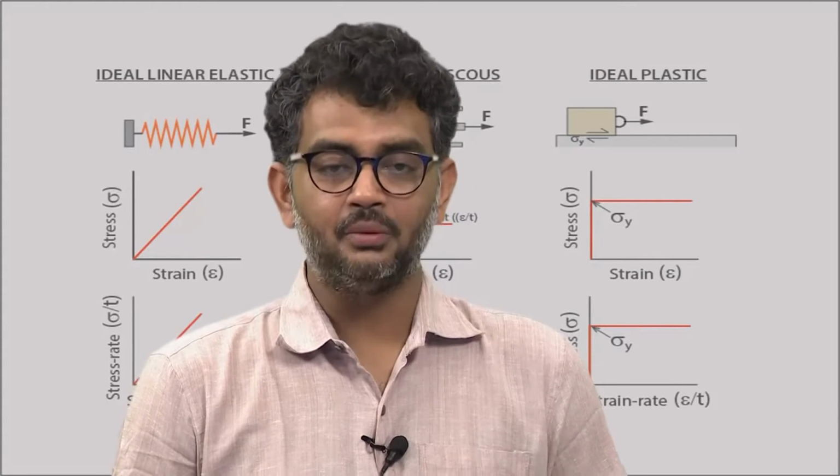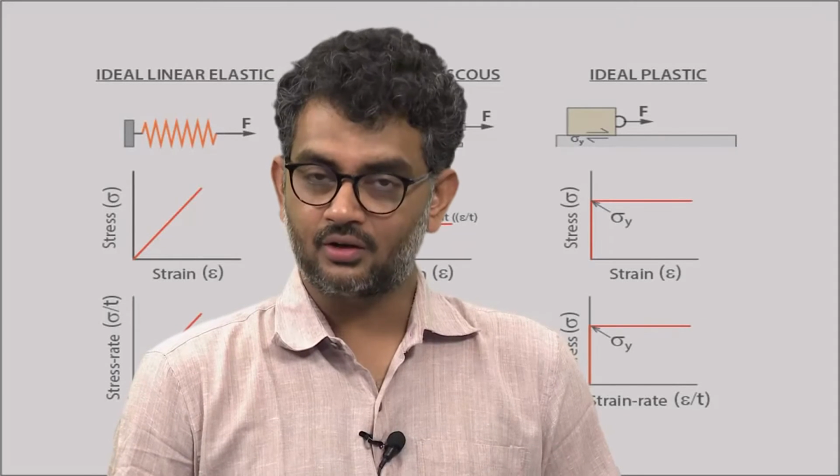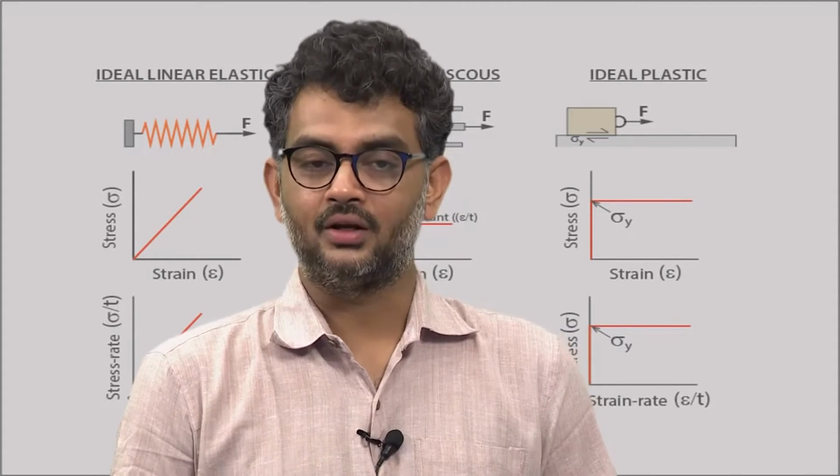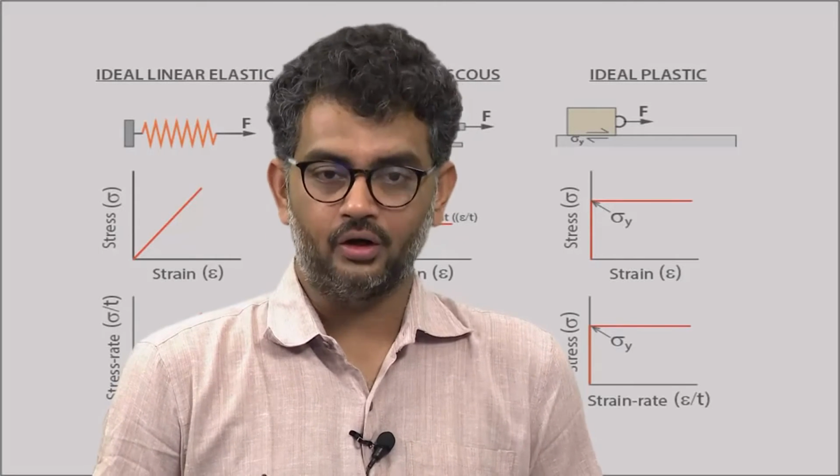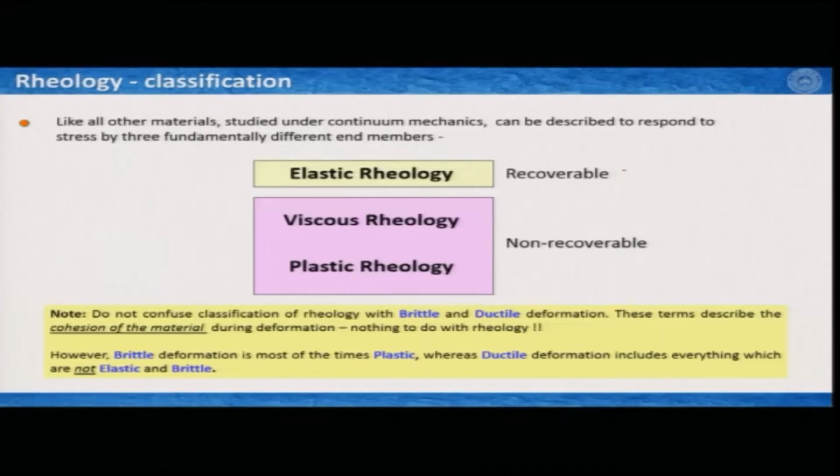With the course of time, we will see that when a material is deforming in an elastic manner, the strain or deformation is recoverable, and when it is deforming in viscous or plastic manners, it is non-recoverable.